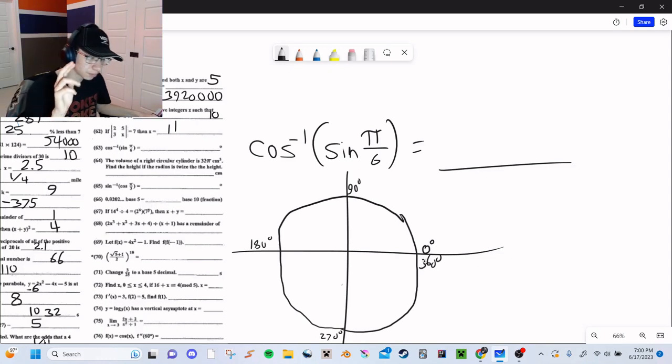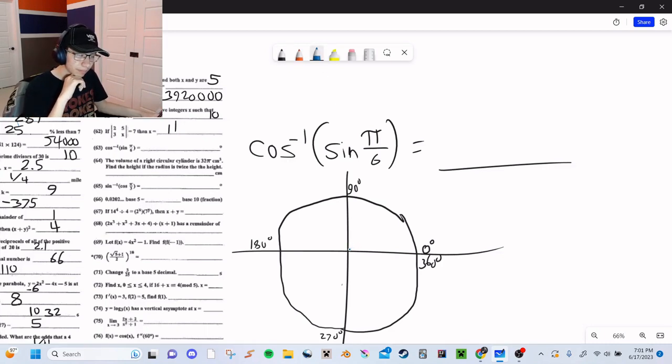And now, gotta know what it means for something like, what does sine and cosine mean? Let's say I were to go here to, let's go to 30 degrees.